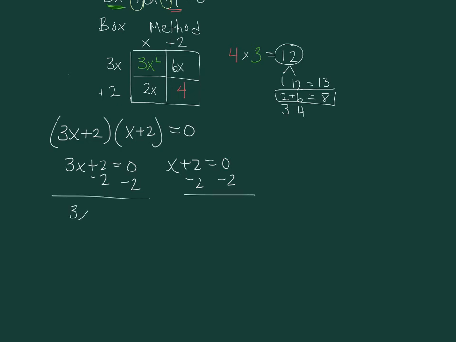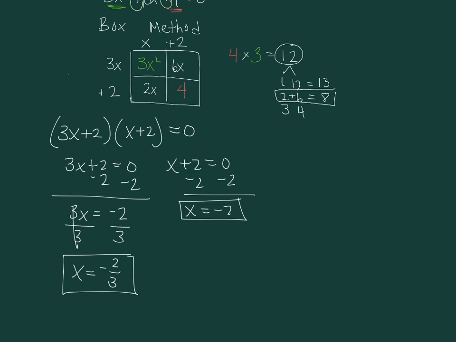That's going to give us 3x equals negative 2 on this side and just x equals negative 2 over here. So there's one of our zeros. Then we're going to divide by 3, and x equals negative 2 over 3 as our other zero. So in the system, in ALEKS, you're going to want to put this in as negative 2/3, comma, negative 2. All right? So that's your job there.